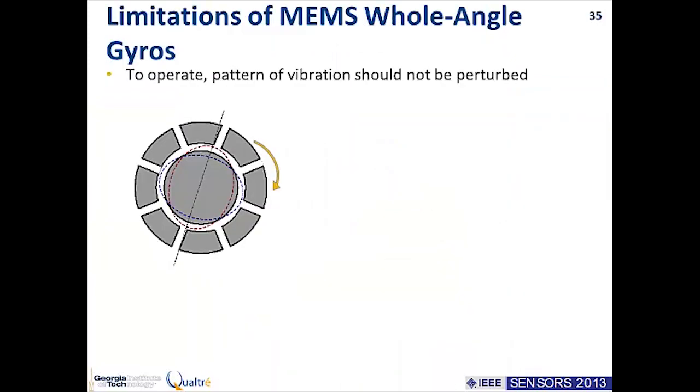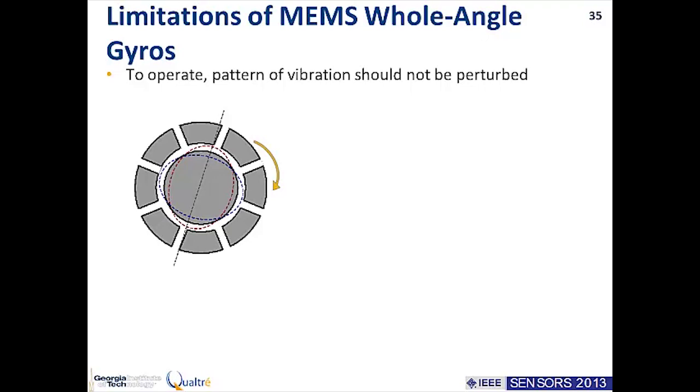One of the complications of implementing whole angle mode gyroscopes using MEMS devices is that, as we know, we need to excite these structures into vibration and let them vibrate freely without corrupting their mode shape, because that vibration needs to move around as you rotate the device.